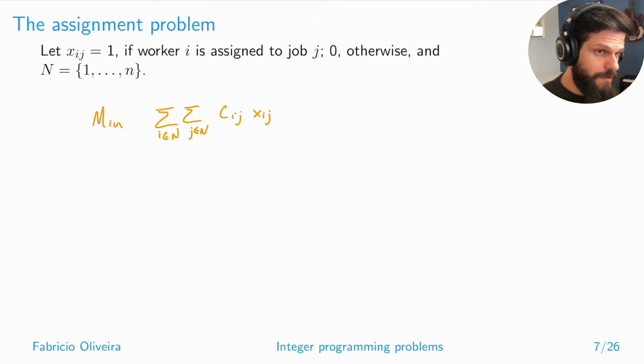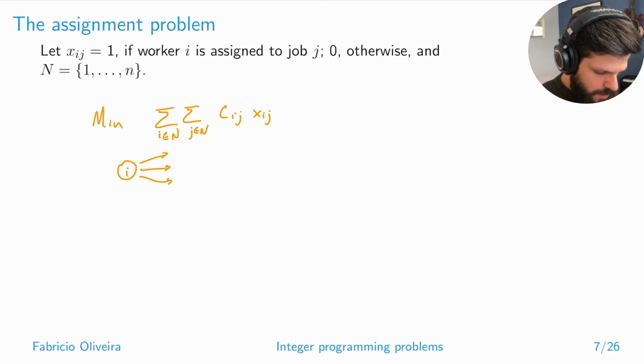And I have basically two constraints. One constraint says that whenever I'm looking at a worker i, I think of all the possible jobs that can be assigned to it. And when I sum along these possible jobs, so this is j1, this is jn, this has to be exactly 1.